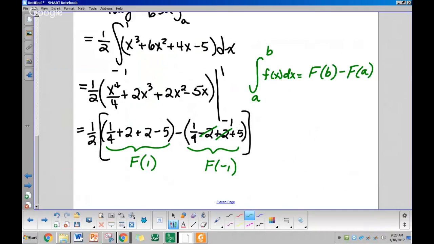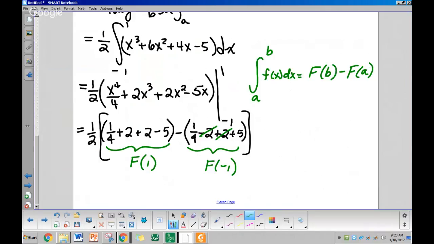The theorem says f of b minus f of a, and since f of a is f of a negative number, you already plugged it in.